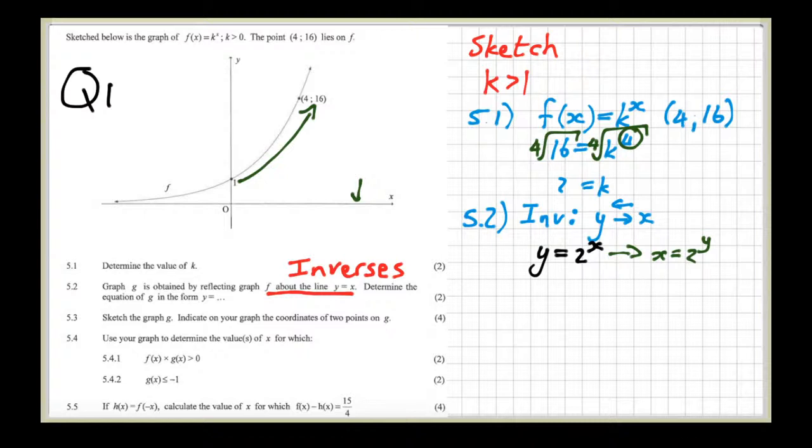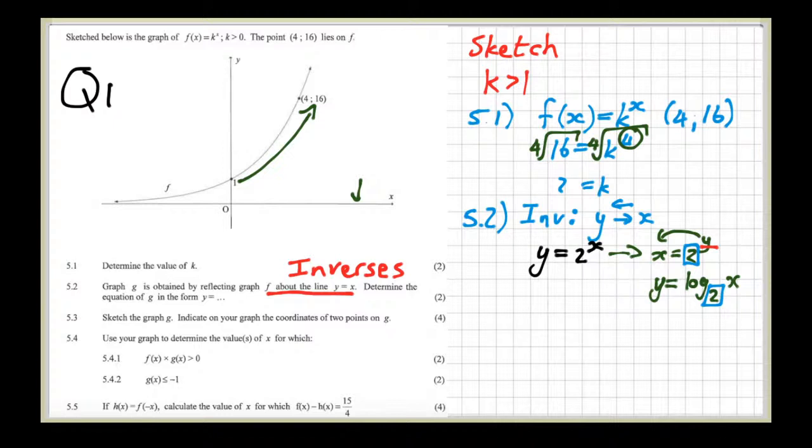The question is, make y the subject. So in other words, I want to get y alone, so I'm going to use logarithms. So y is equal to log base 2, because the 2 remains the base, of x. And there you've got the graph of g.